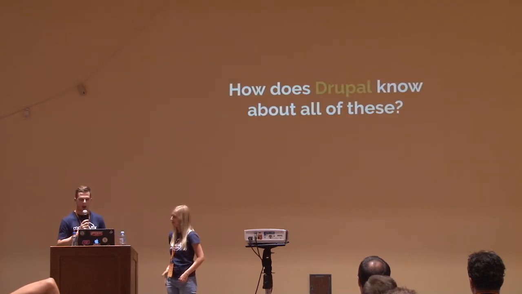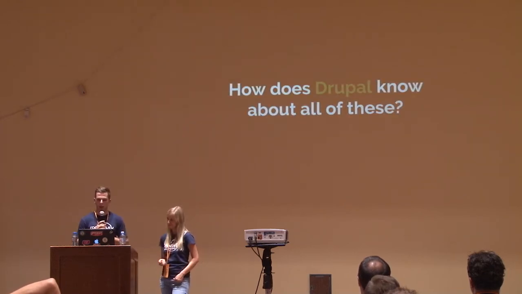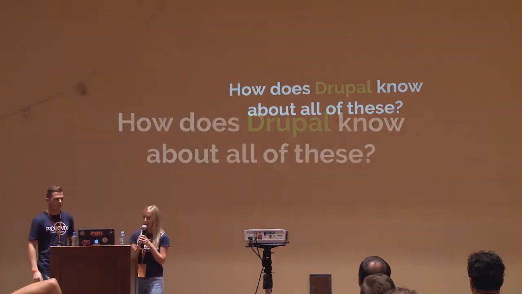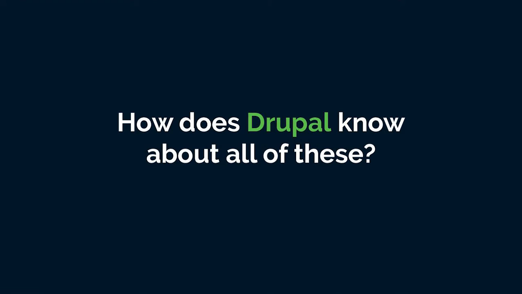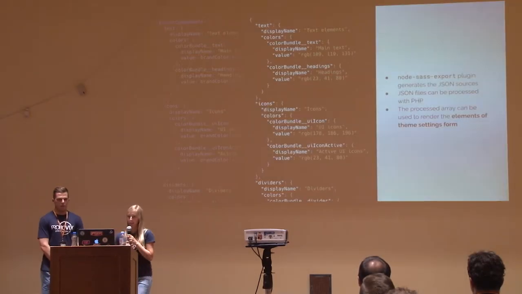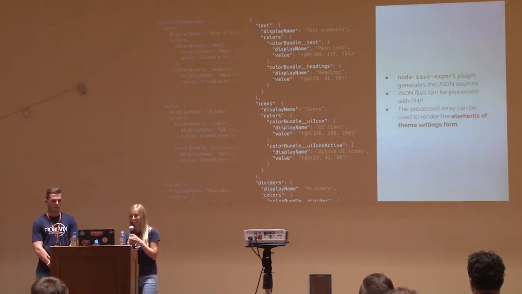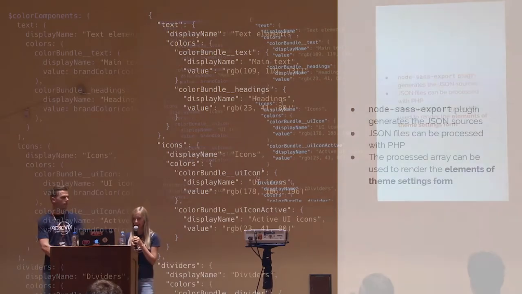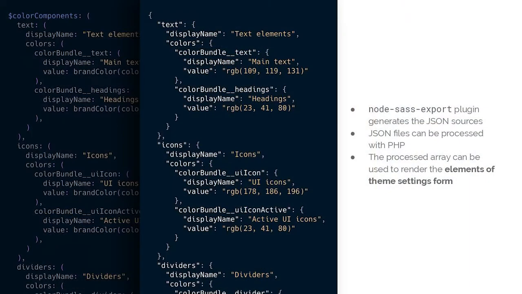And now let's see how all these things are coming to the Drupal admin UI interface. Yeah, so now we have everything necessary for Drupal. So we have the JSON sources. You might have already seen this. And after exporting all of these to JSON, we can process it with PHP.